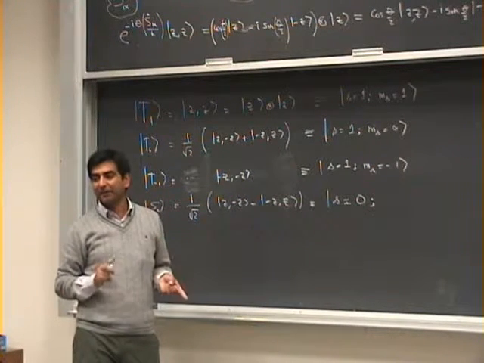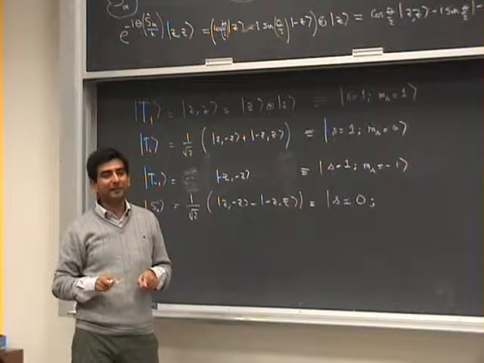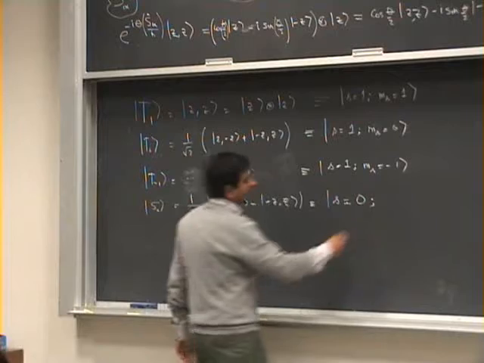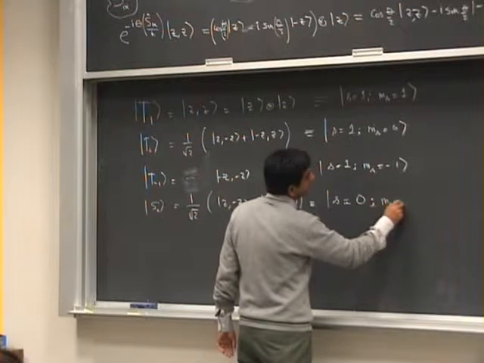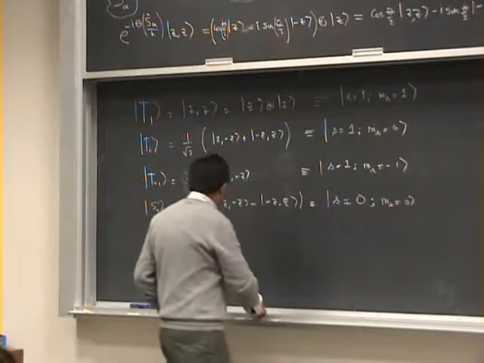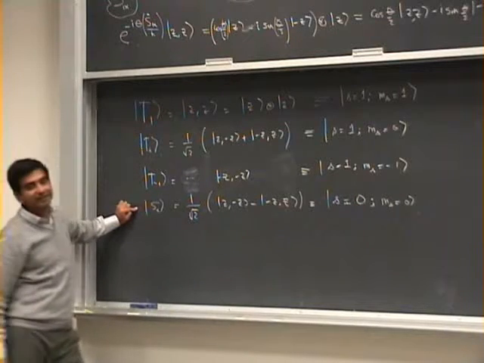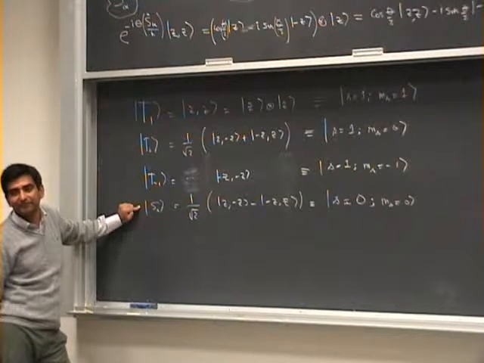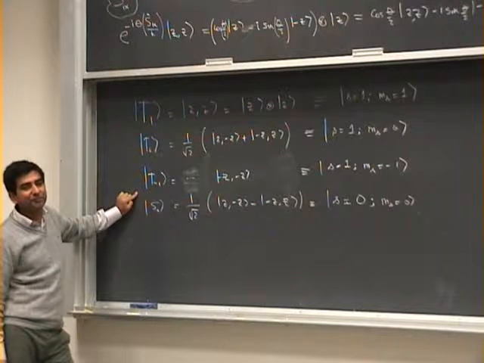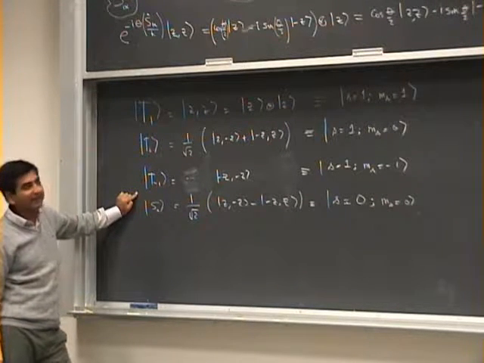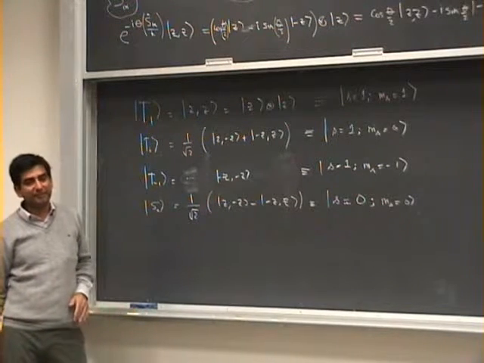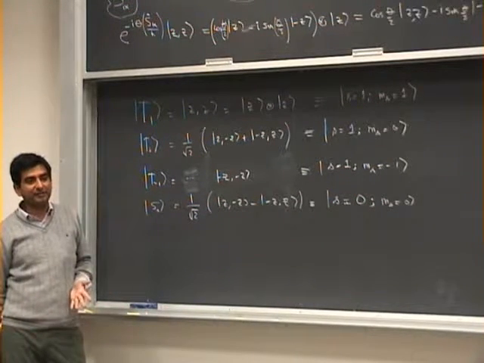Now you have two spin half particles, you look at the total angular momentum, it can be plus 1 or 0. And if S is equal to 0, MS has to be equal to 0. You will notice that all four of these states are mutually orthogonal. They also form a basis. They are joint eigenstates of S square and Sz. These states are called the total angular momentum states or total spin states.